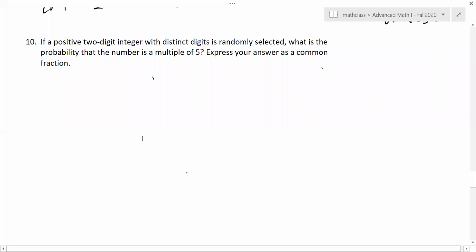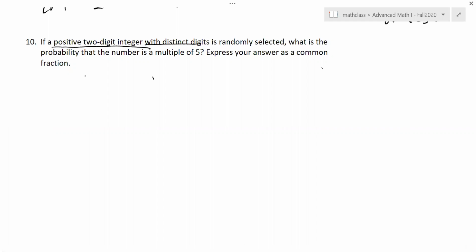Now to solve this, first of all, you have to figure out how many positive 2-digit numbers there are. You're going to select from the group with distinct digits.